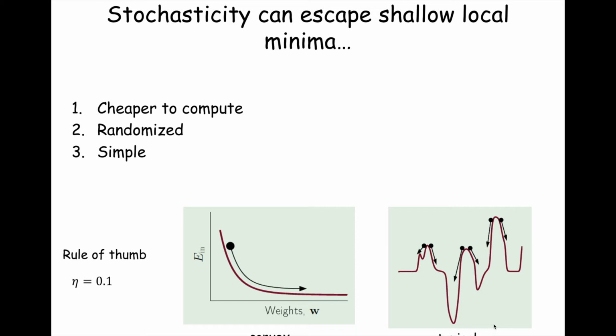You can get stuck in local minima. It adds this idea of noise, if you will, where you're less apt to get stuck in local minima, because the sheer nature that it's randomized means that you're likely to escape these local minima, since you're randomly selecting the point with which to compute the gradient on the point-wise error.